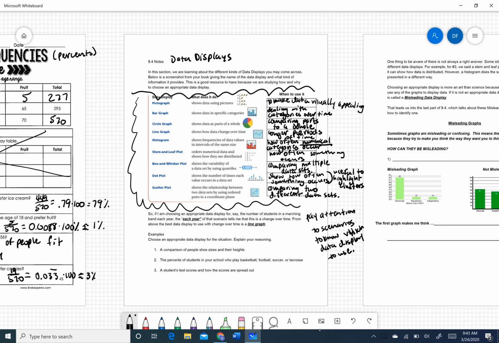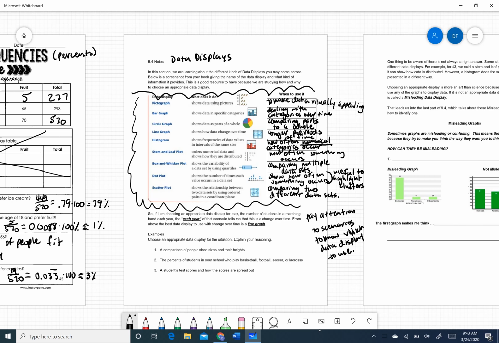Right. And so in that scenario, it says the number of students in a marching band each year. Each year is the part of that scenario that tells me that this is going to be change over time. And so I know from our talk, just a minute ago, that anytime we're talking about change over time, we could do a line graph or even a bar graph. But since it is each year, this is probably a longer period of time.